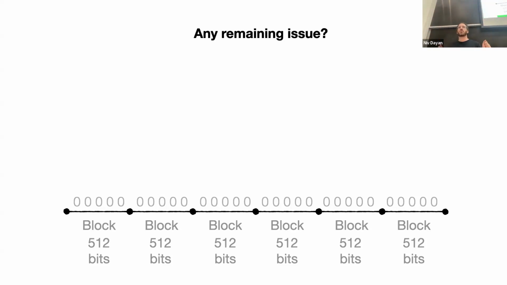Is random access within a cache line okay, or is it slower? Discuss. Any intuitions? Yes? For the first hash function and then the last one, you have to load the other cache line. Correct. That's right.